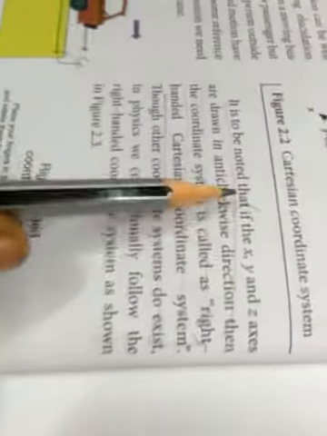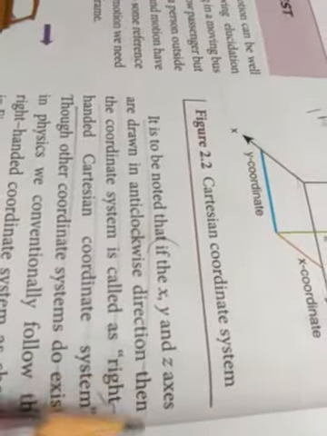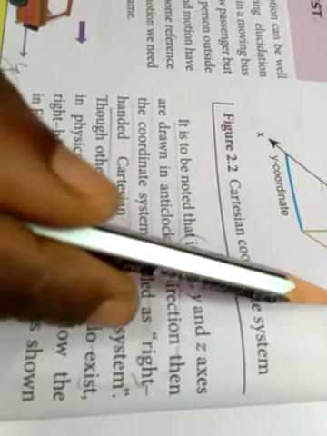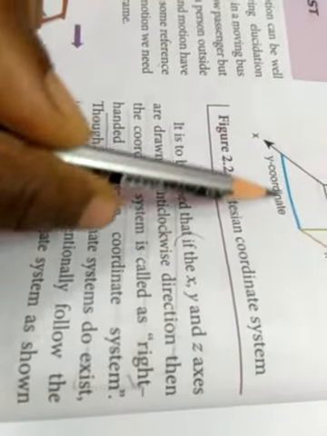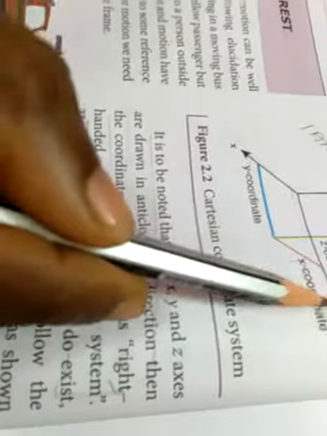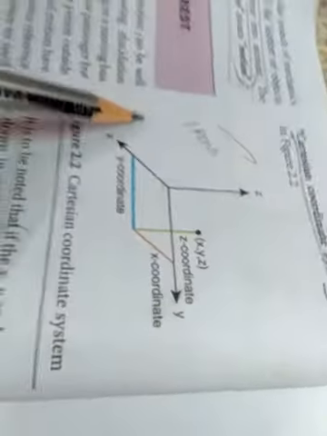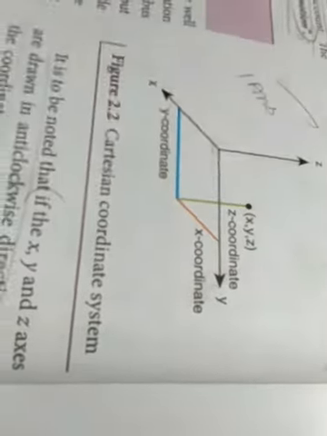Next, we note that if the x, y and z-axes are drawn anti-clockwise, that is, x moving towards the y-axis, y moving towards the z-axis, z moving towards the x-axis, this is anti-clockwise.